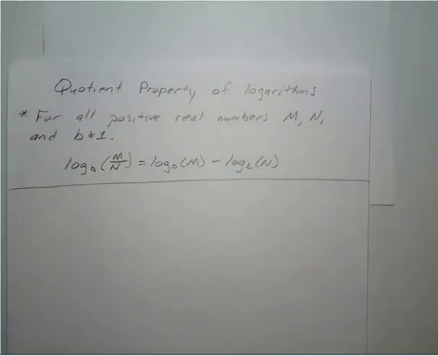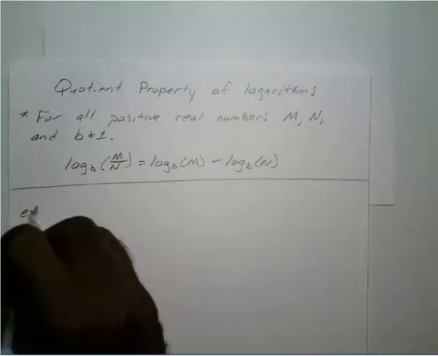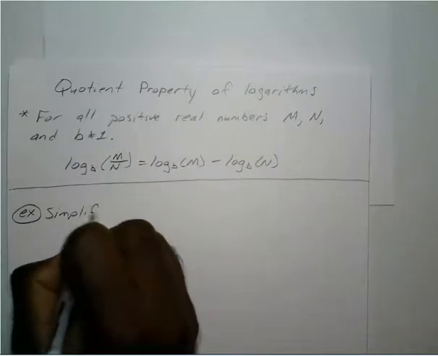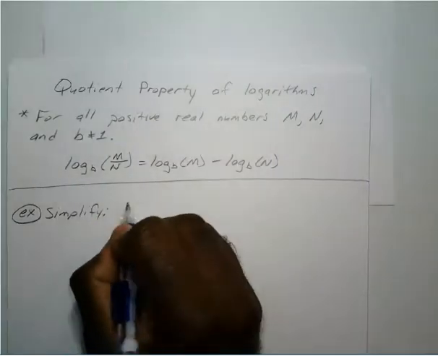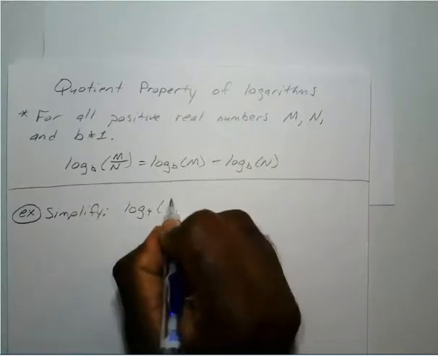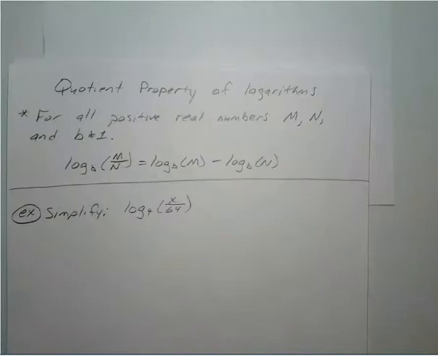All right, so let's do our first example with our quotient property. Let's say, for example, we wanted to simplify log base 4 of x over 64.